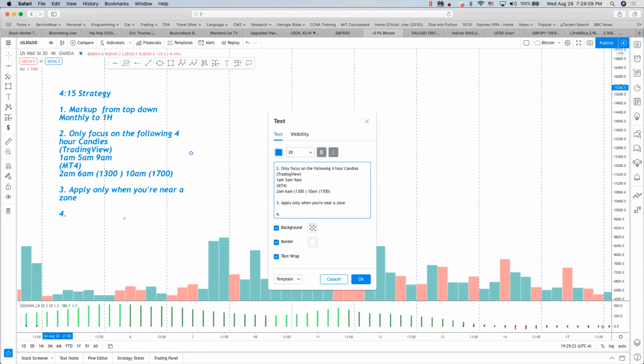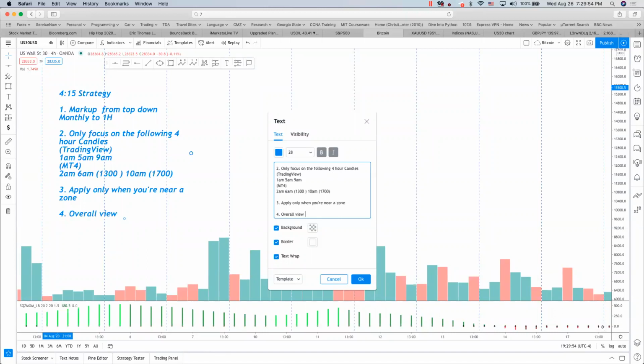And this not only applies to indices, but sometimes the pairs that follow the indices, this applies to them as well, right? So these are the things you want to keep in consideration, right?